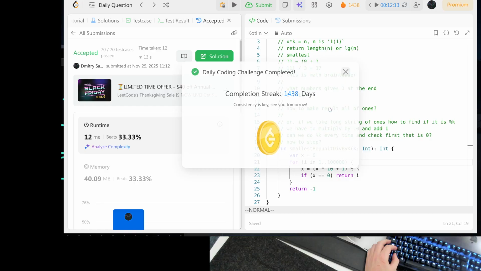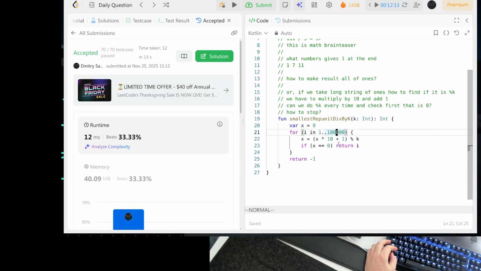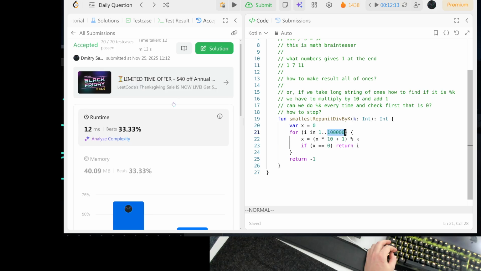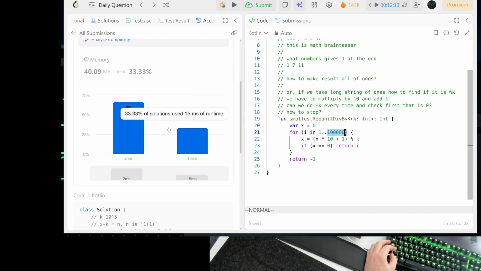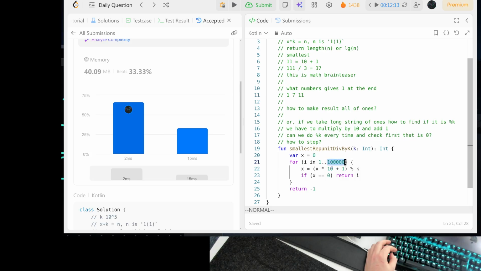Let's look at the code. It is like that. We just find this number. You have to prove that this can be used as the maximum length, and I hope we have a good proof of that.